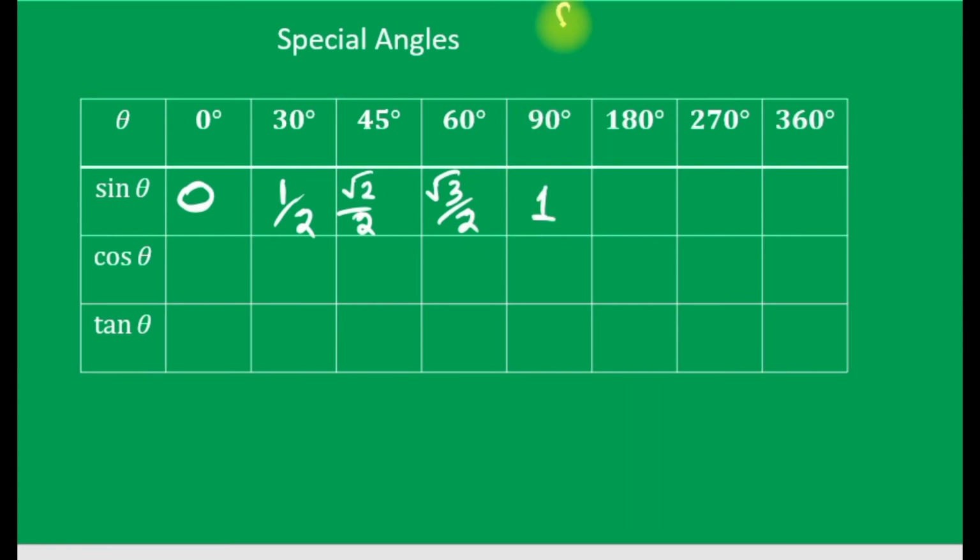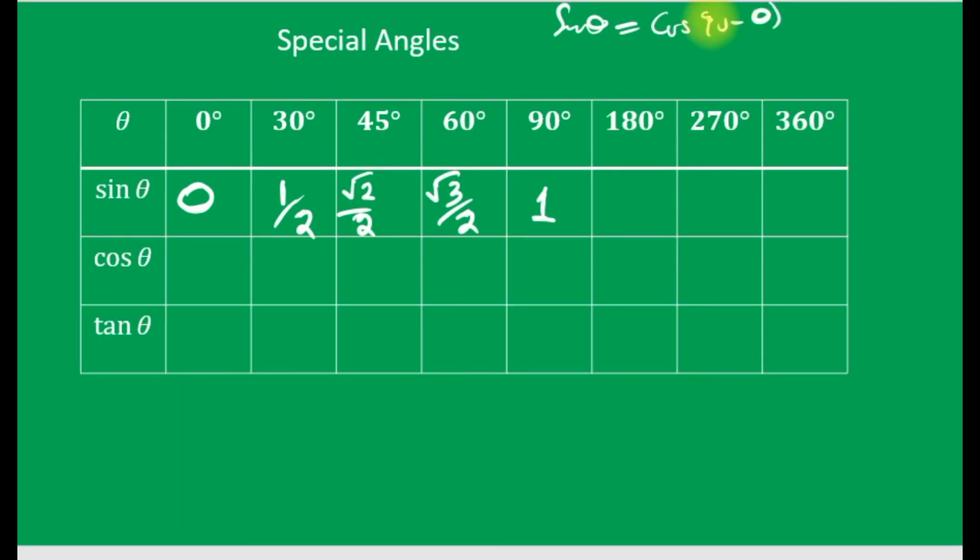Remember, sine theta is cos of 90 minus theta. That's the complementary identity. So sine 0 is equal to cos 90. Cos 0 is the same thing as sine 90, so this is 1. The value of 0 here is the same thing as 90 here.